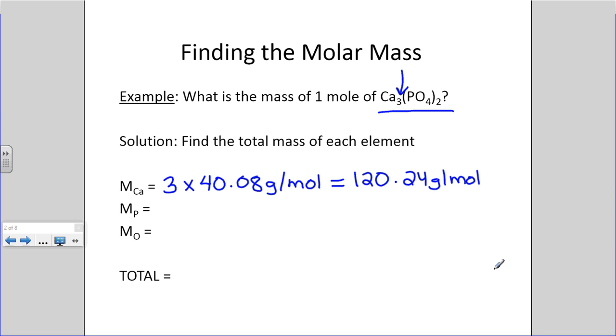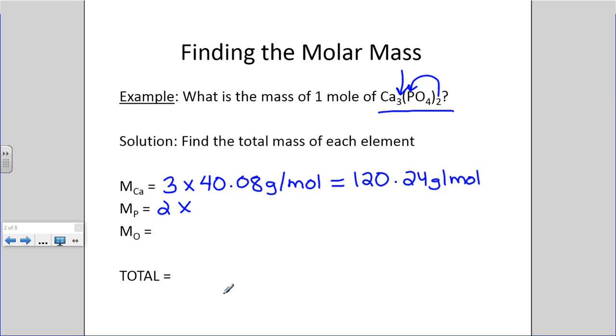Then we need to repeat the process with the other 2 elements that are there. So we've got phosphorus and oxygen. They're listed here already, and so we're going to do the same thing. How many atoms of phosphorus do I have? There's a 2 here outside the bracket that multiplies anything inside. So that means I have 2 phosphorus atoms. And then we're going to do the same thing.